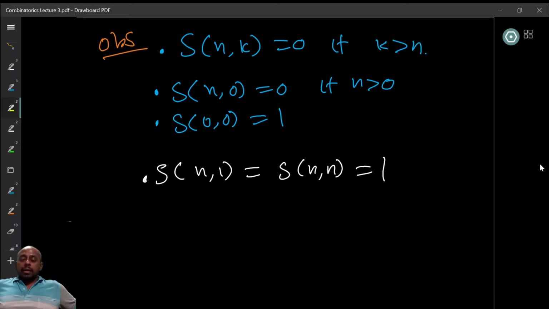And S of 0, 0, on the other hand, is equal to 1. There is precisely one way to do this. Basically, there is nothing to do, so that is precisely the one way. Now, S of n comma 1 and S of n comma n are always going to be equal to 1. This is also another observation.